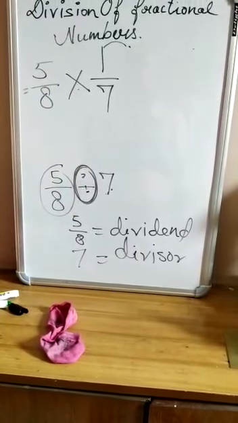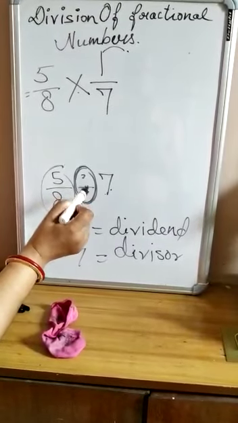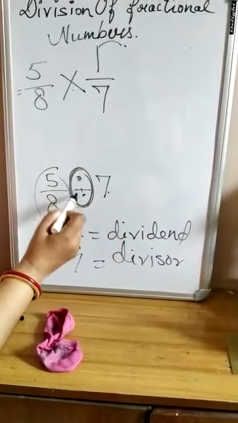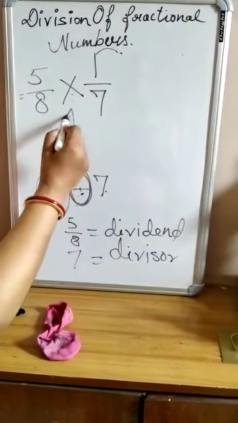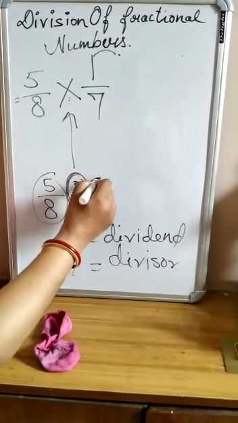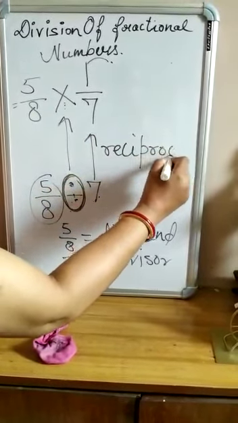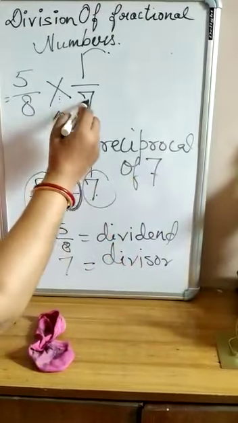What have I done? In order to divide, firstly we have to change the sign of division to the multiplication sign, and then we multiply with the reciprocal of 7, that is the divisor. Right?